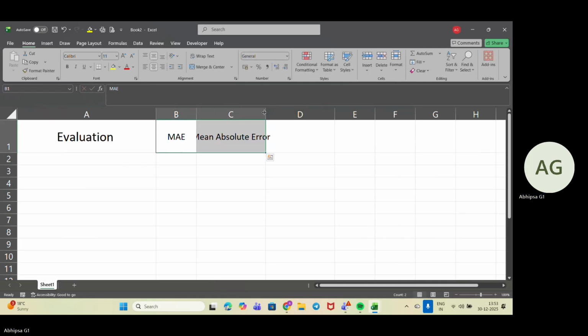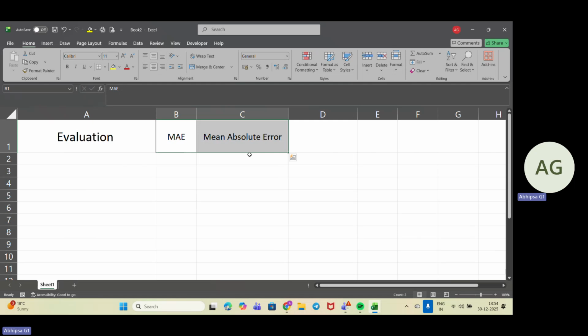Now, what does MAE mean in simple words? Mean is the average. Absolute means removing the positive and negative sign, and error is the mistake. So MAE means the average of the mistake, ignoring the plus and minus sign.